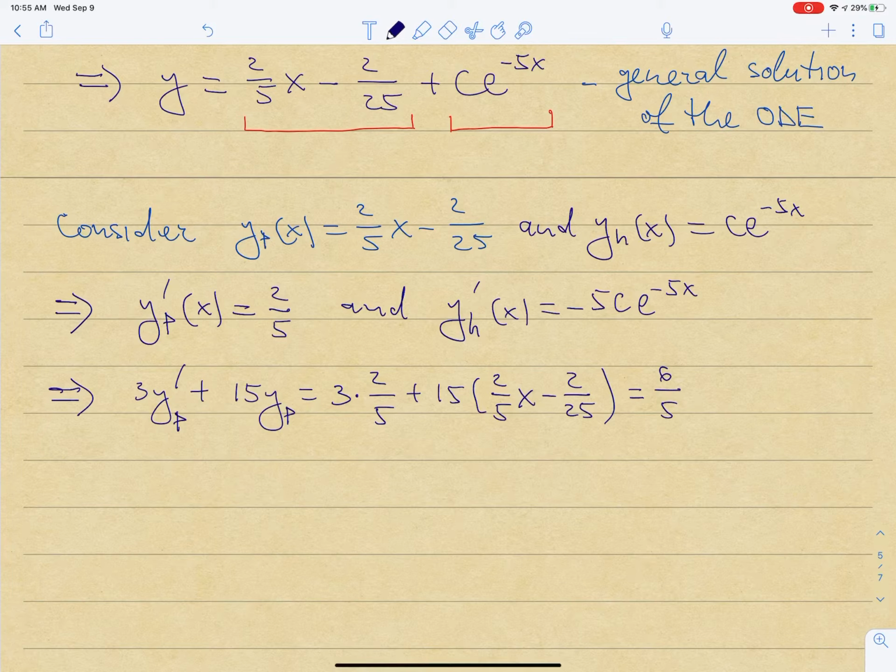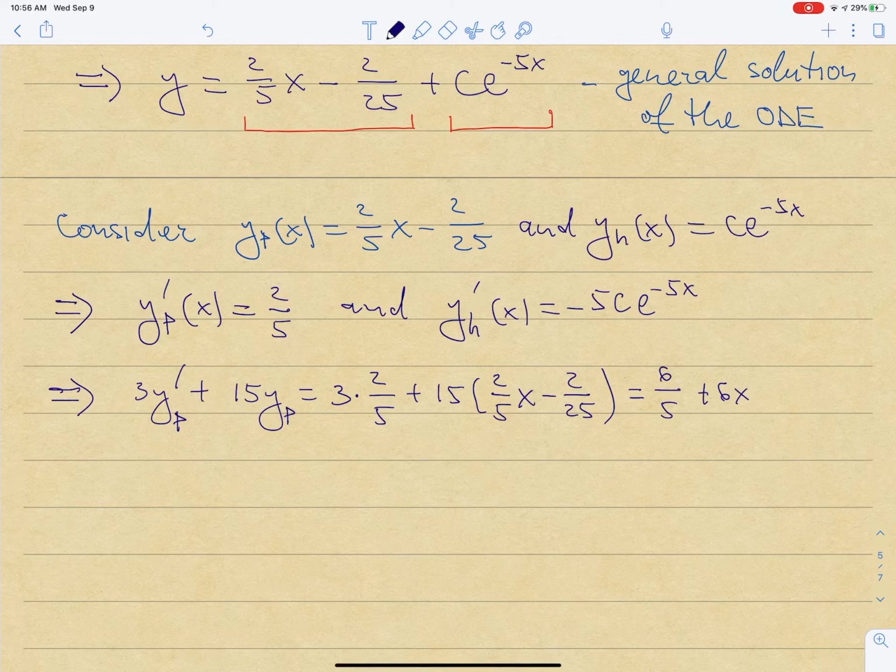Now 15 times 2/5, 5 cancels out, right? So that would be 3 times 2, so plus 6x. And then minus 15 times 2/25.